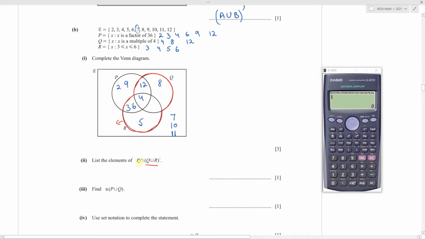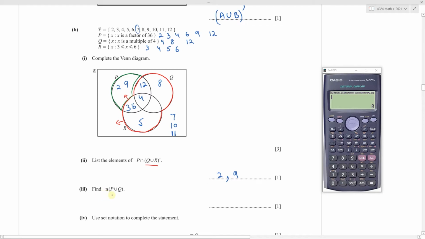And then intersection with P. So outside of this red, but inside P, let's mark it with green. Inside green, but outside red is this region, which is outside Q union R, but inside P. So the elements in this green region are 2 and 9. So your answer here will be 2 and 9.